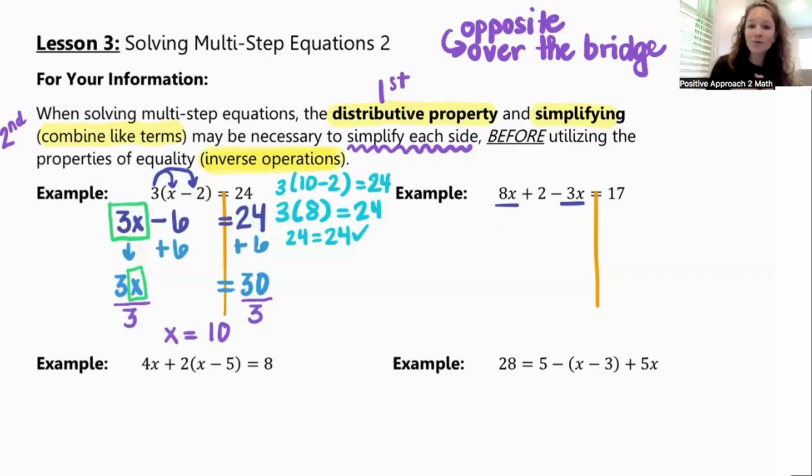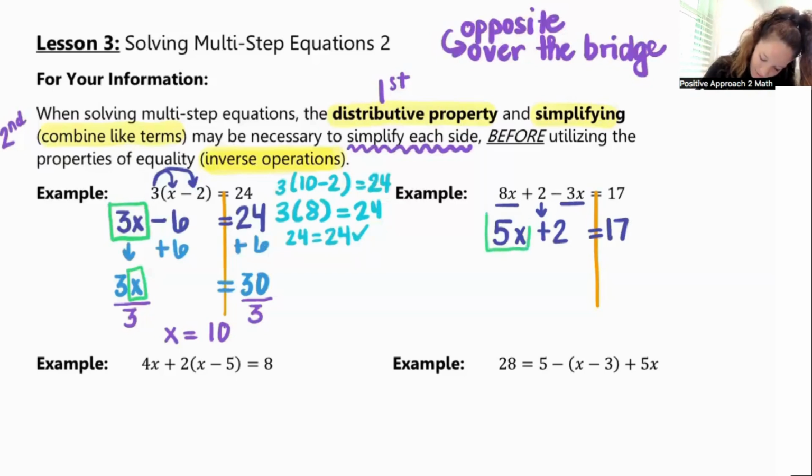8x minus 3x will leave us with 5x. And then that plus 2 does not have any like terms that go with it. So I'm just going to bring it down. And it's going to equal 17. Now, hopefully you see, what did it boil down to? A 2-step equation. So we're going to put that 5x in the box.